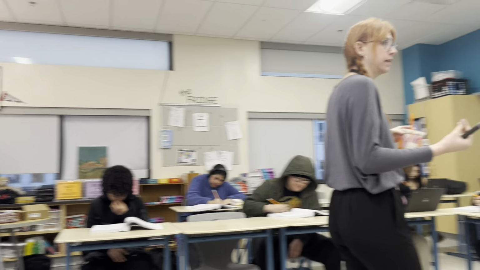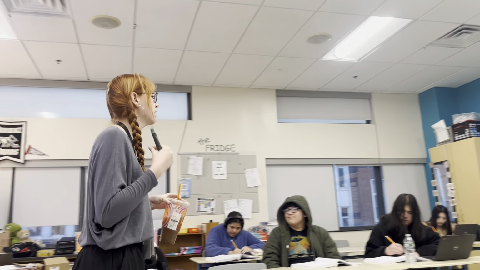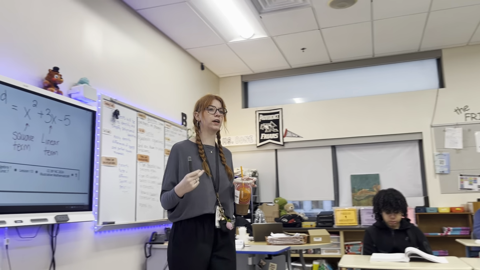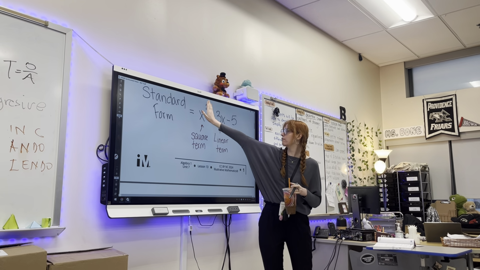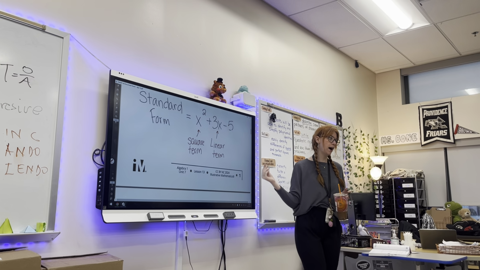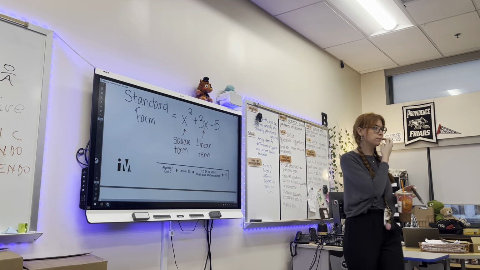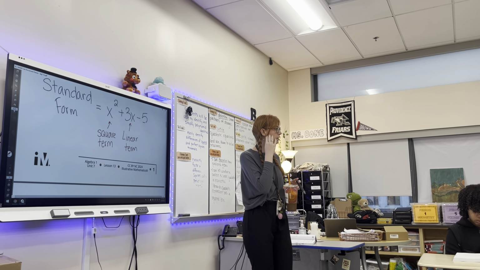What does linear mean? It means line. A linear term means you have a straight line. When we made our linear graphs, we wouldn't have this first term. We just have things like 3x minus 5. Linear terms are what give you that line. That x gives you a straight line.